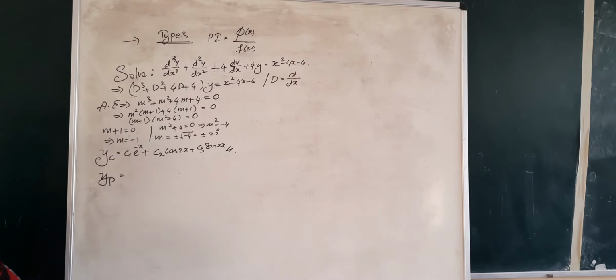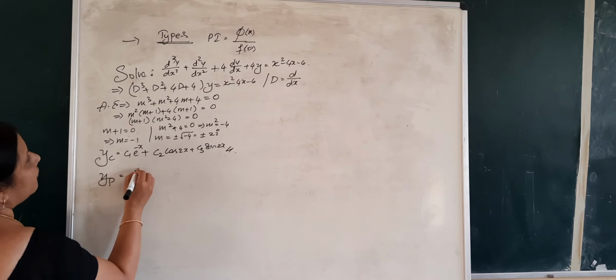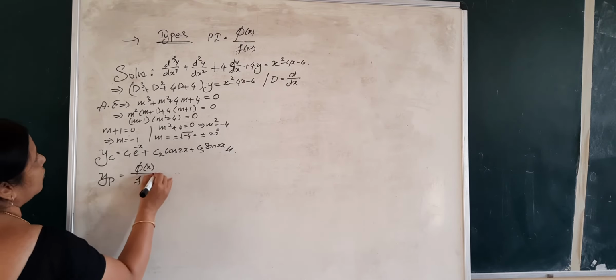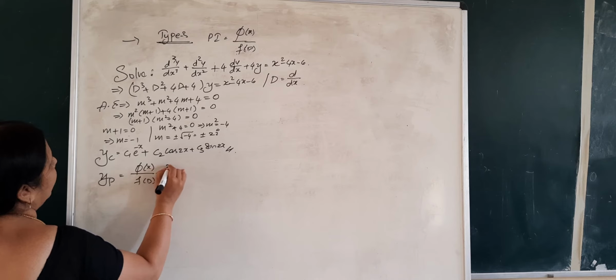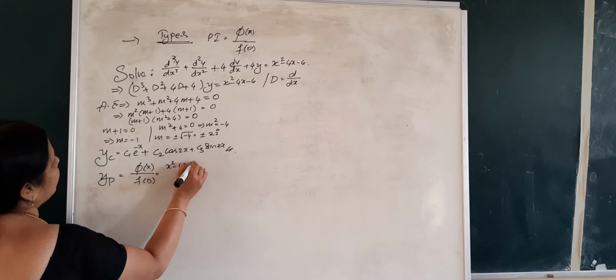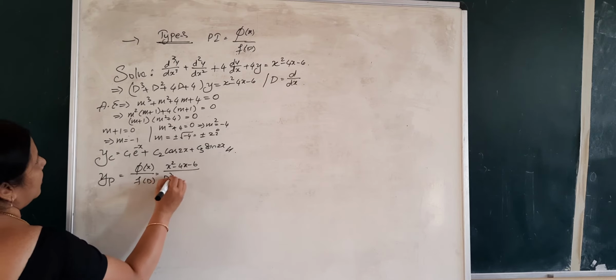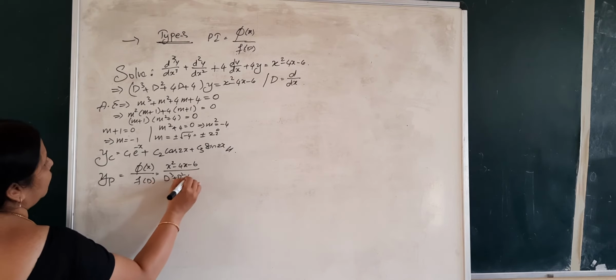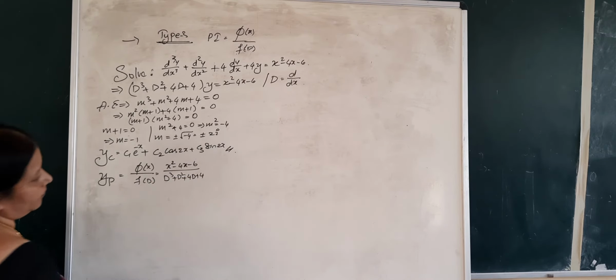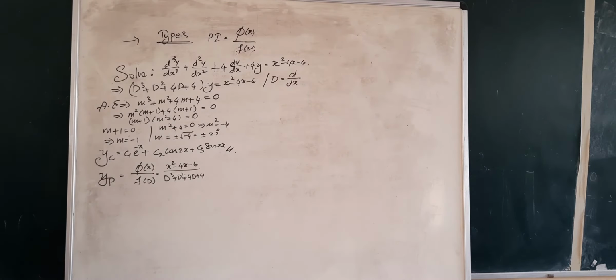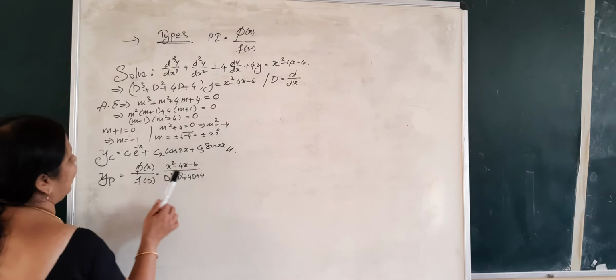Now let us see what is our yp. So our yp is given by phi of x divided by f of D, which is equal to, what is our phi of x in this case? x square minus 4x minus 6, the whole divided by D cube plus D square plus 4D plus 4. Anyways, the numerator has the decreasing order of the powers, but the denominator has to be rearranged.